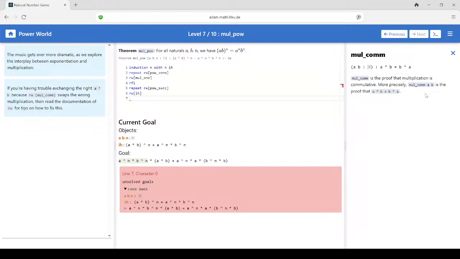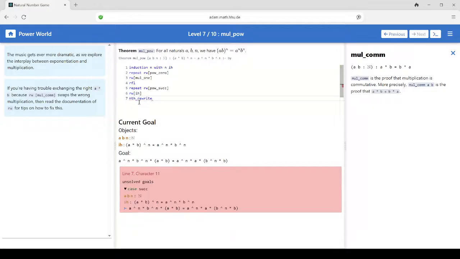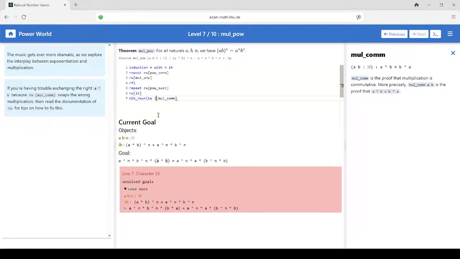I thought it was associative, but let's say nth rewrite three, nope, not three, four. What does that end up doing? That does something. A times b times n.